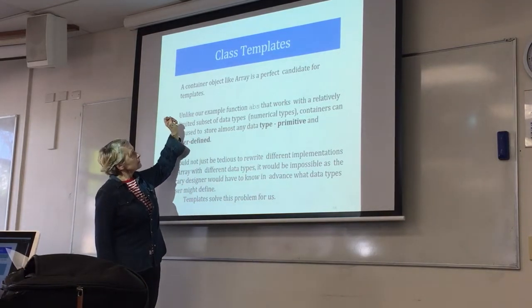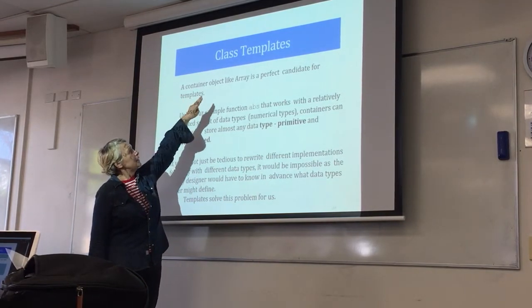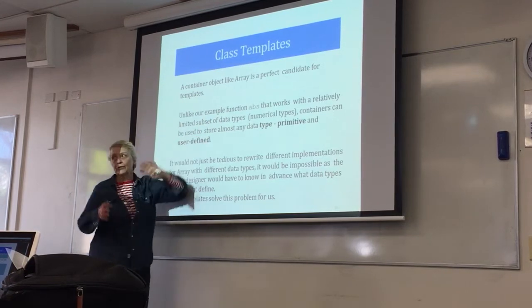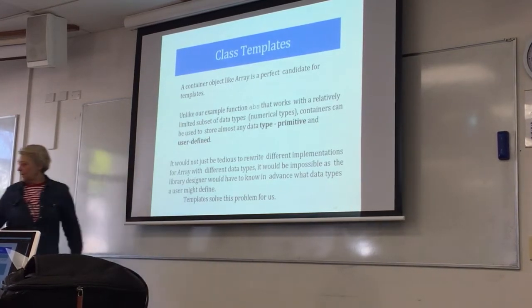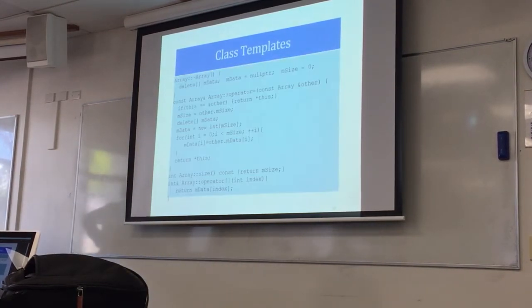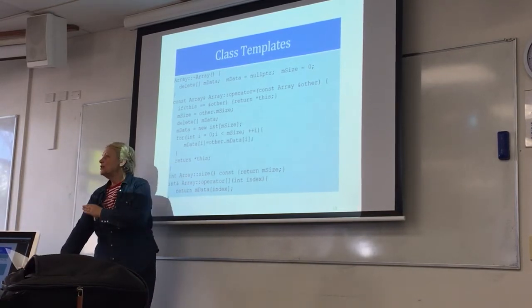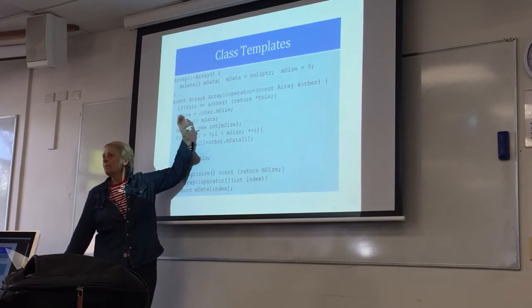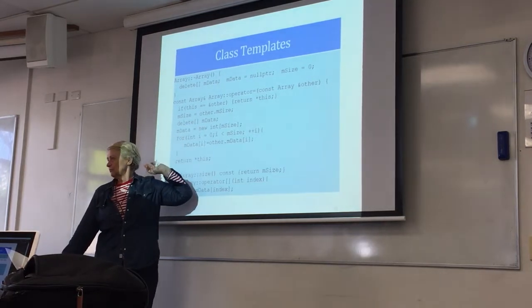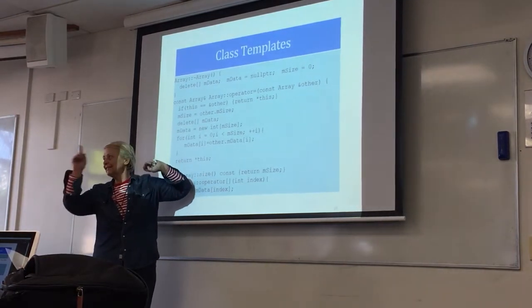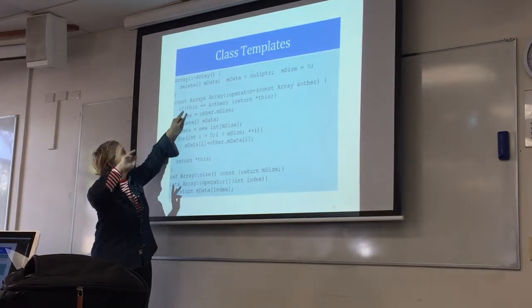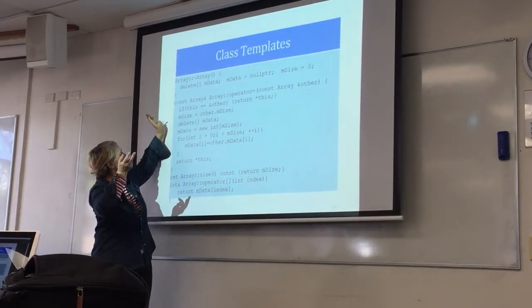So this array is a candidate for templates because, once again, if we look at all this data, there is nowhere an operation which depends on int for data related to the type of objects.